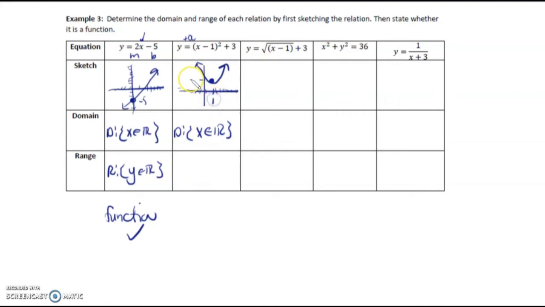Now, we said that the vertex is at (1, 3). So when we take a look at the y-axis for the range, the parabola starts at 3 and goes up. In this case, all of your y values are going to be greater than or equal to 3. If it opened down, it would be less than that number. And yes, this is a function.